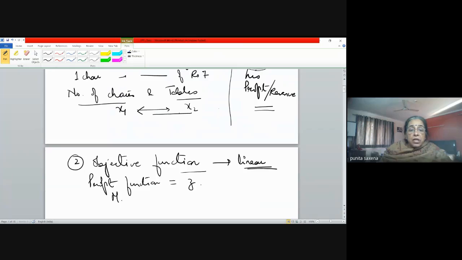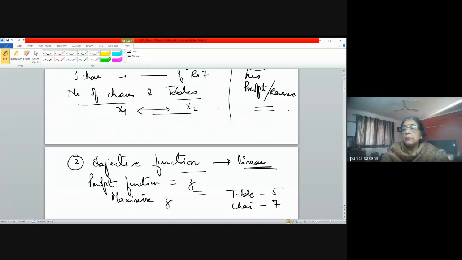So my objective here would be to maximize Z, whatever is defined like this. Okay. Now, how do we define it? Like, for example, here, see, every table was giving him a profit of 5 rupees, and a chair was giving him a profit of 7 rupees.